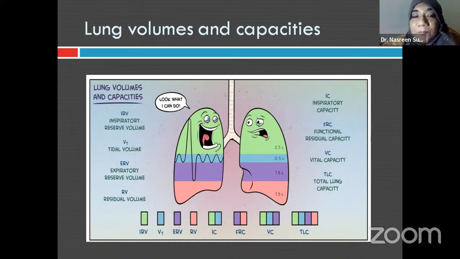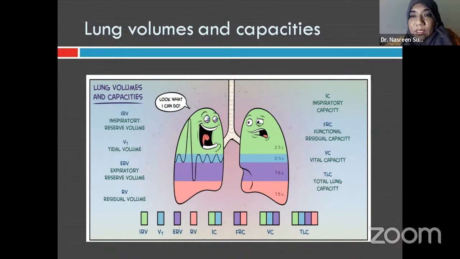That is called expiratory reserve volume. And the last one is RV, residual volume. Even though you are forcing your lungs to give all the air, a little amount of air will still be there in your lungs. That is called residual volume.